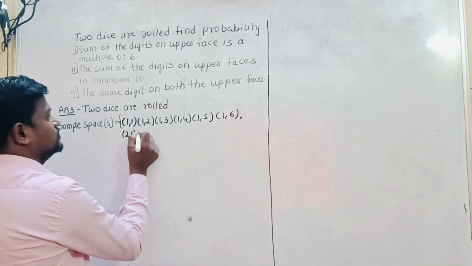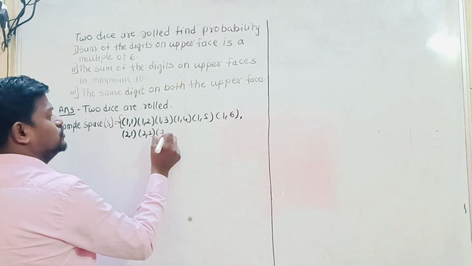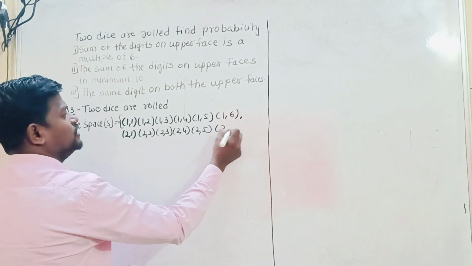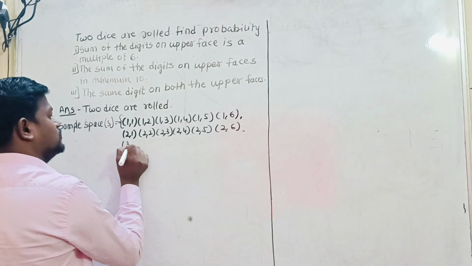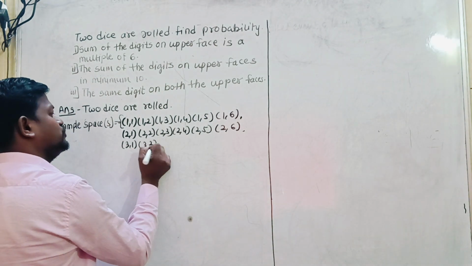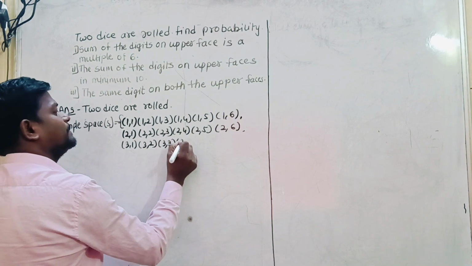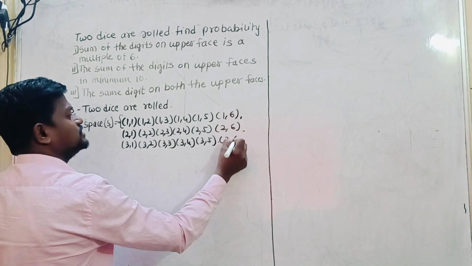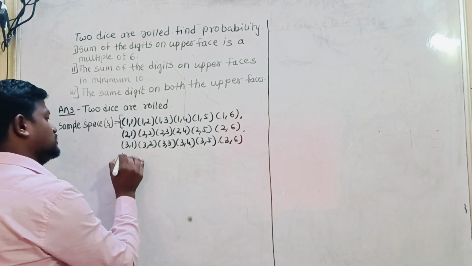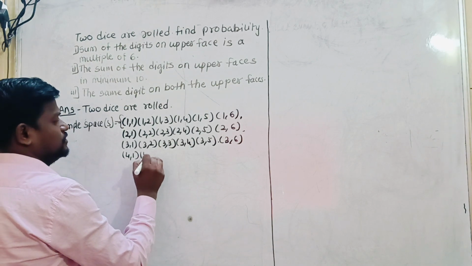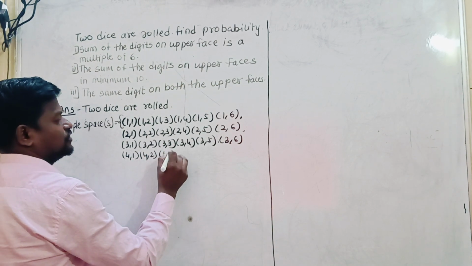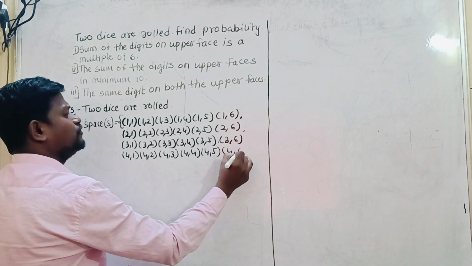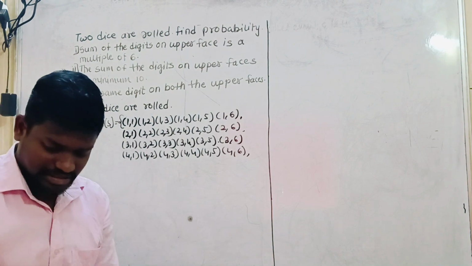Then 2 1, 2 2, 2 3, 2 4, 2 5, 2 6, 3 1, 3 2, 3 3, 3 4, 3 5, 3 6. Next 4 1, 4 2, 4 3, 4 4, 4 5 and 4 6.